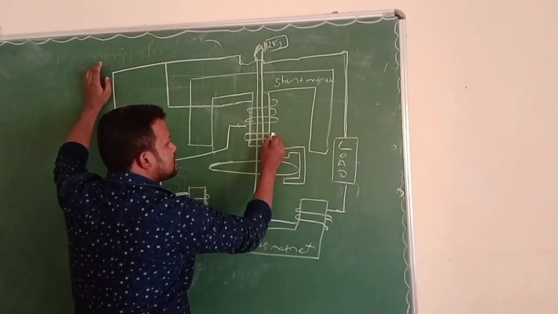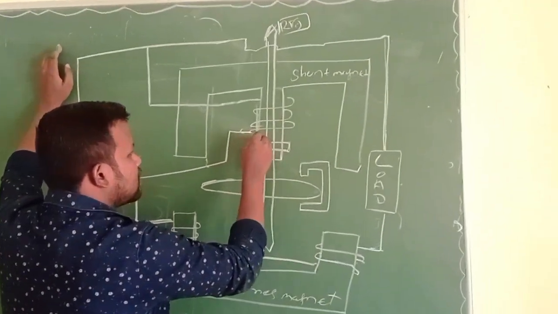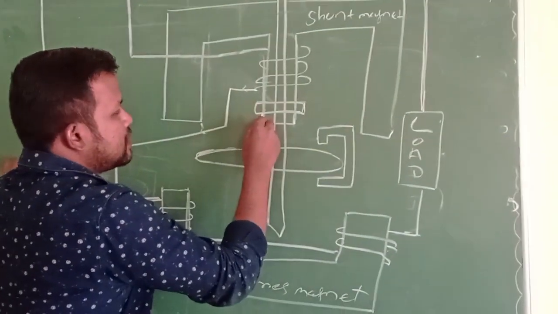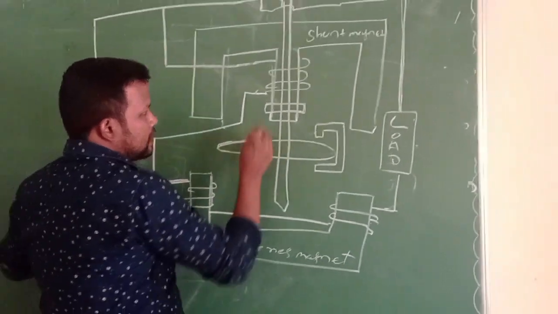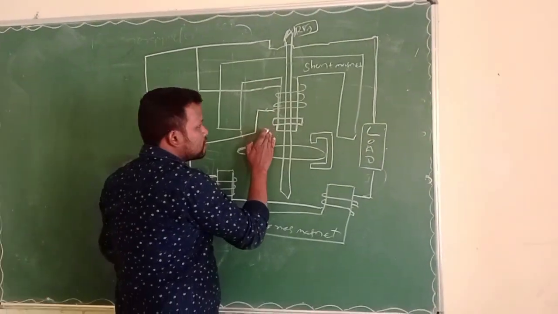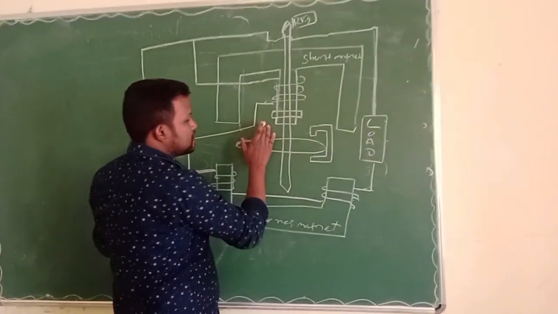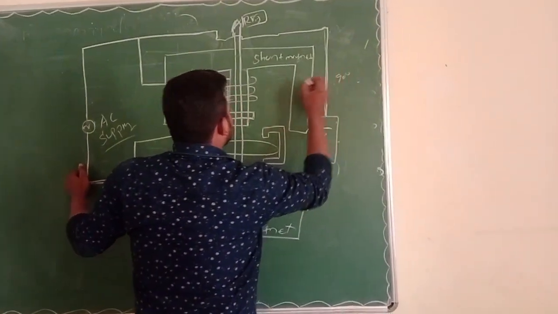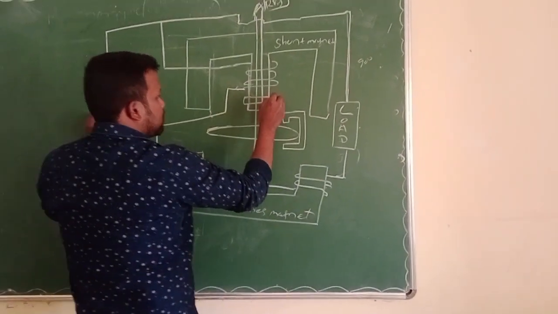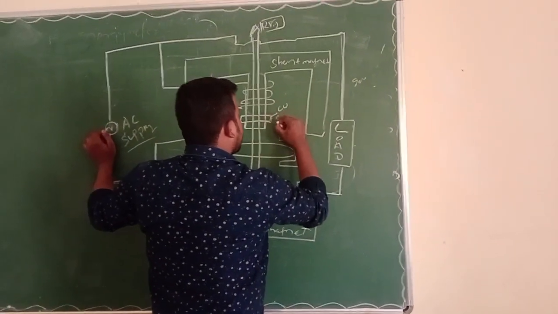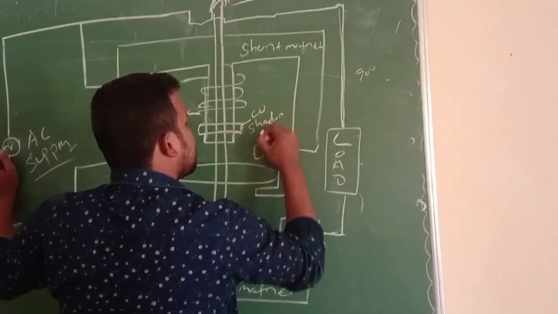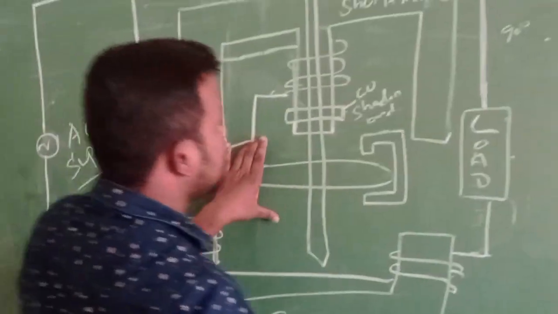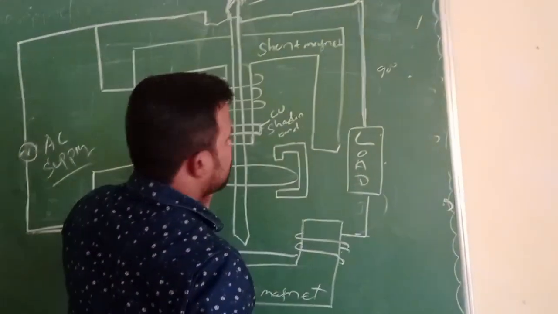There is a shading coil connected in this magnet, because the shading coil is made up of copper. It gives a phase displacement of 90 degrees between voltage and current. This copper shading band gives a phase displacement of 90 degrees between voltage and current.